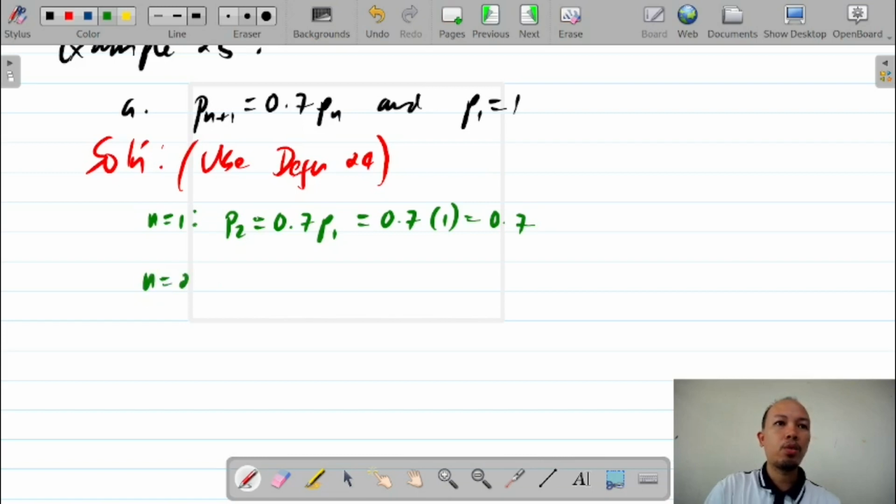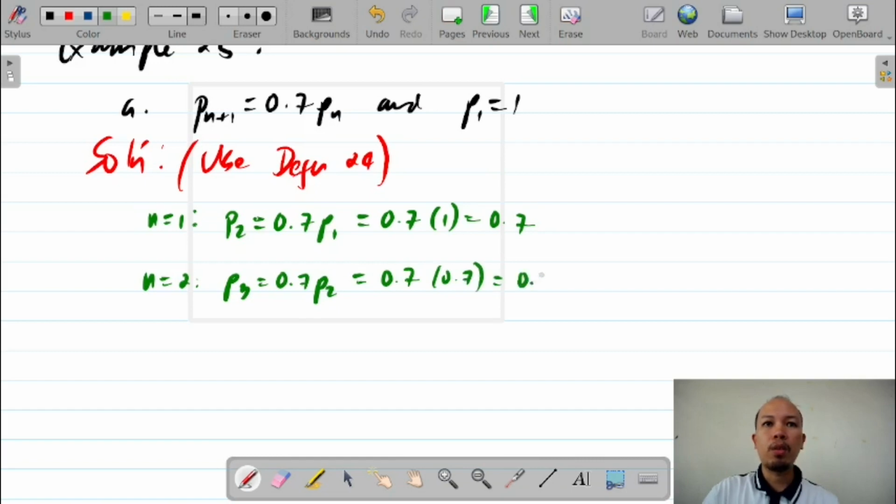So when n is equal to 2, we have p sub 3, 0.7 p sub 2, and we know that p sub 2 is 0.7, so this is 0.7 square. Let's try n is equal to 3.